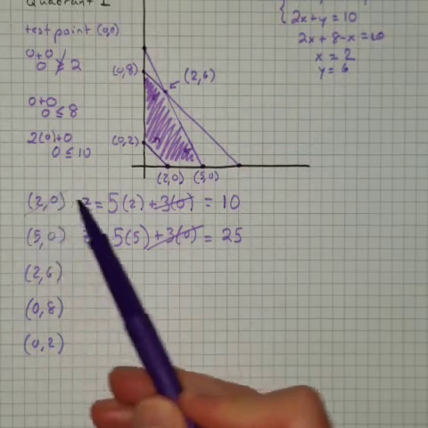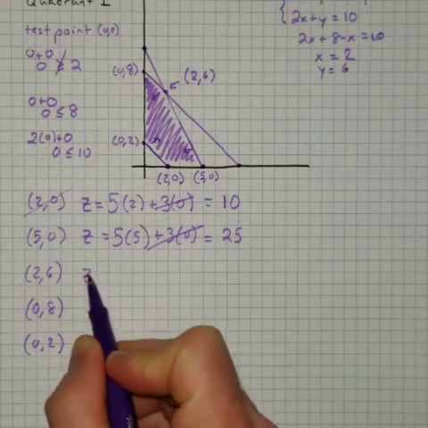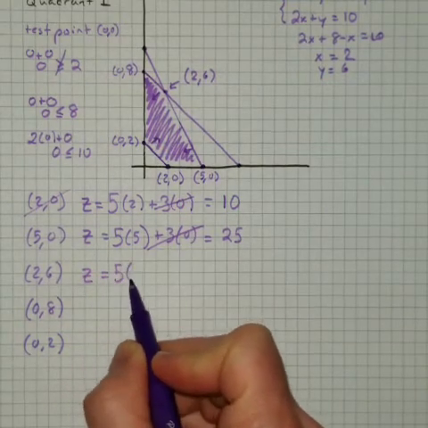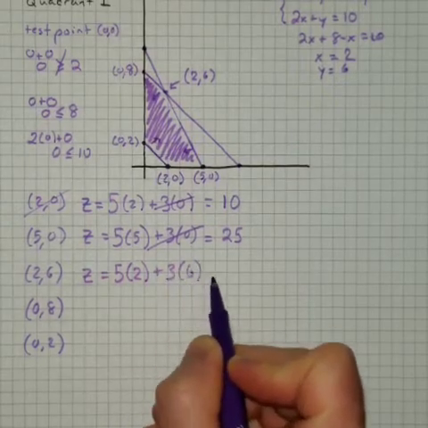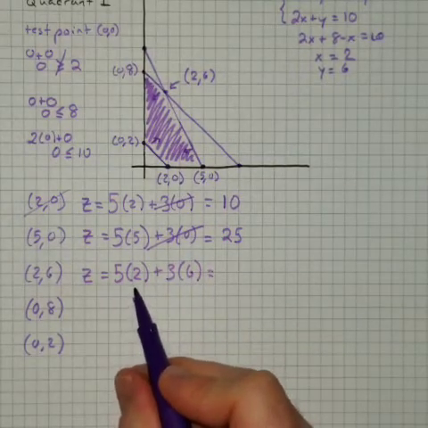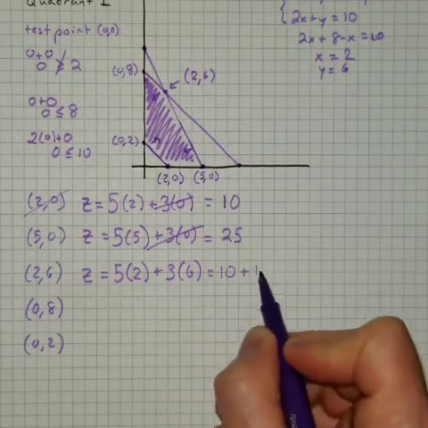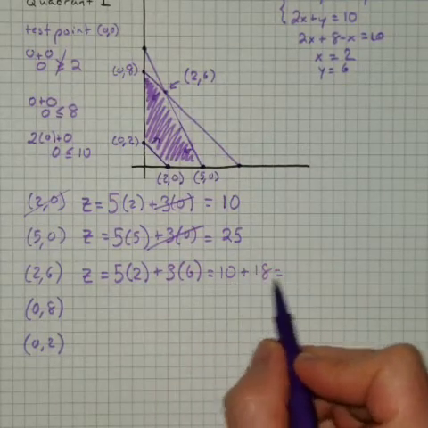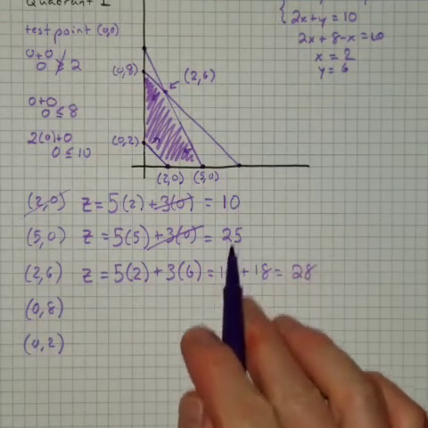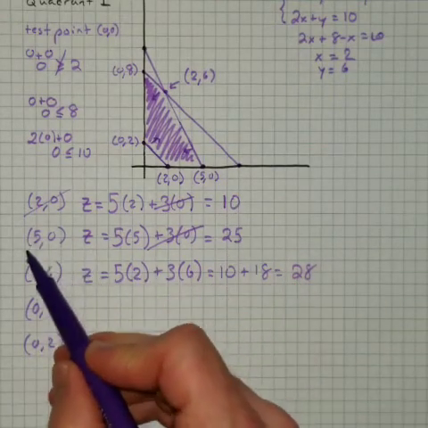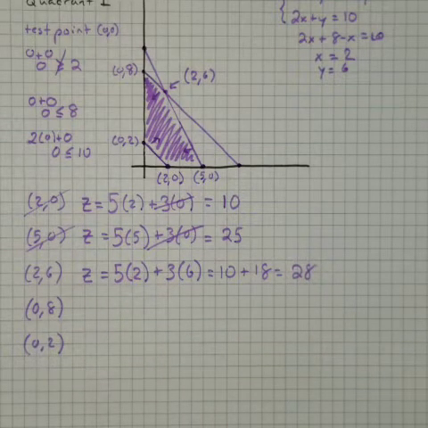Okay, so it's not going to be that first point. Next, z equals 5 times 2 plus 3 times 6. This is definitely bigger. 5 times 2 is 10. 3 times 6 is 18. That's going to be what, 28? All right, and 28 being bigger than the previous two numbers will eliminate one of them.